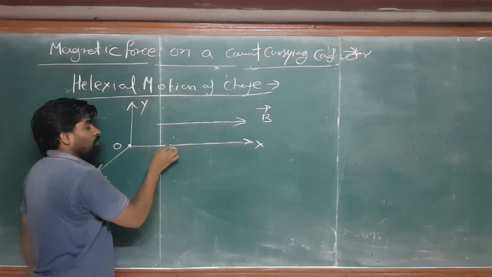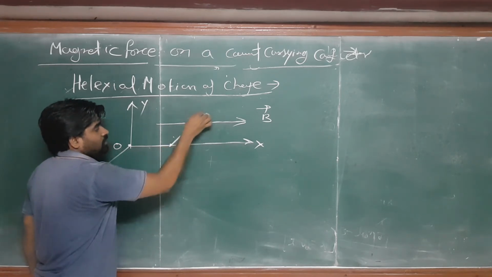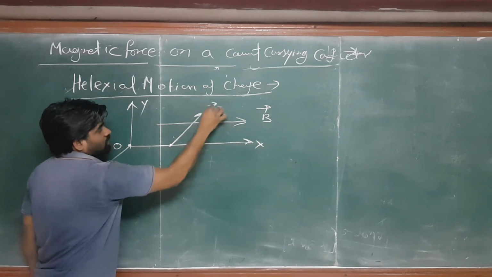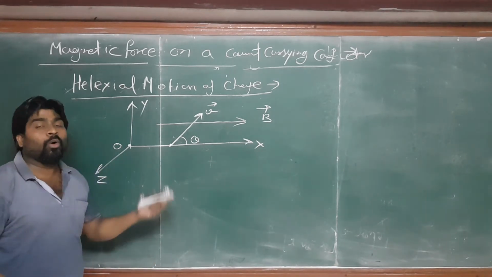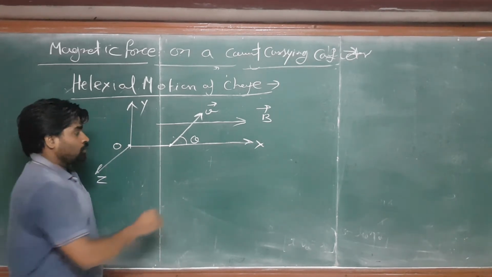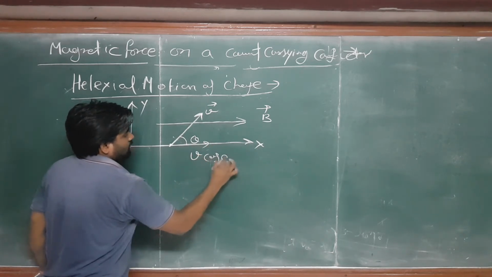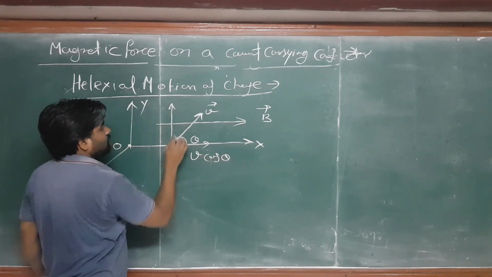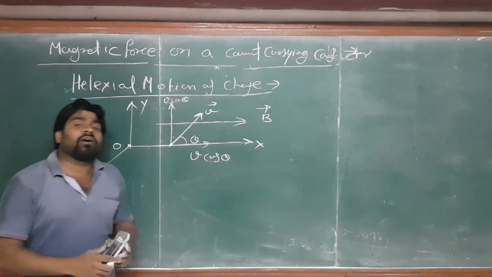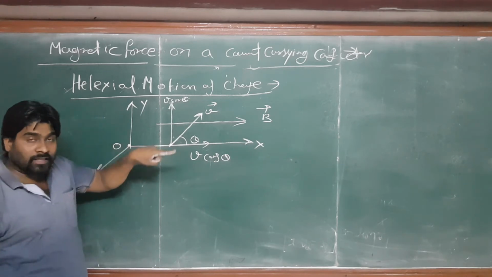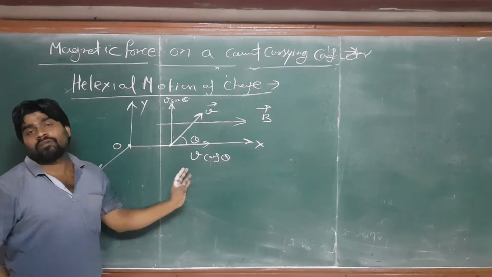If I fire the charged bullet with velocity v making some angle theta, then v is not exactly perpendicular to B. So you can resolve this velocity into v cos theta along x and v sin theta along y. The charged particle moves up by v sin theta and shifts along the x-axis because of v cos theta.